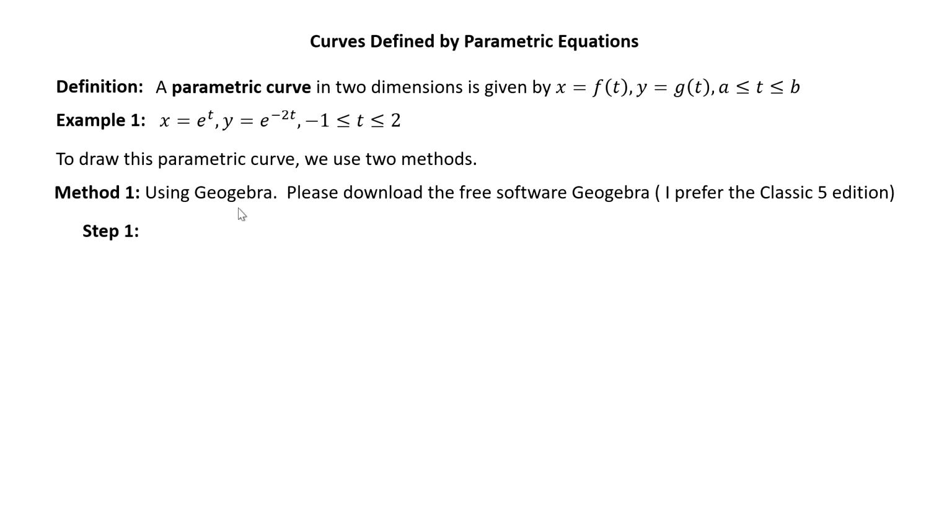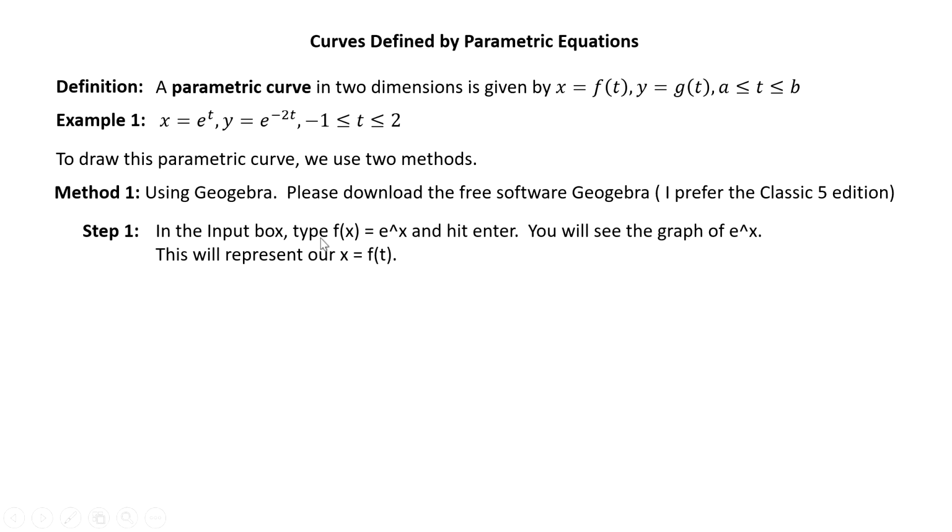Cool. The first step would be, because x equals e to the t, we'll input in the input box, I'll show you all of this in GeoGebra, f of x equals e to the x. Because we want e to the t, we will start with f of x equals e to the x.